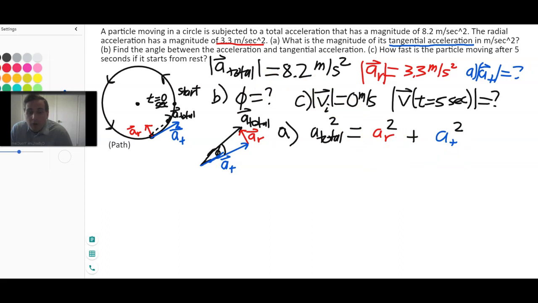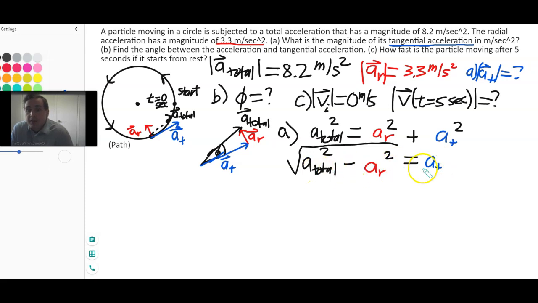By the way, when we take the square root, we're just going to take the positive square root because we're just looking at magnitudes here. So it should be the square root of A total squared minus AR squared, and that should equal AT. And hopefully you appreciate the use of color, because that's just giving you a notion of how these vector accelerations are related together.